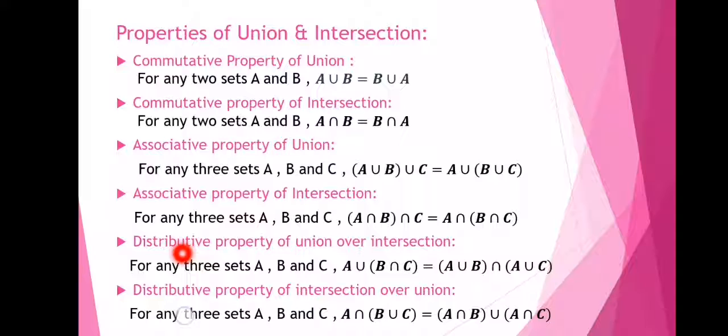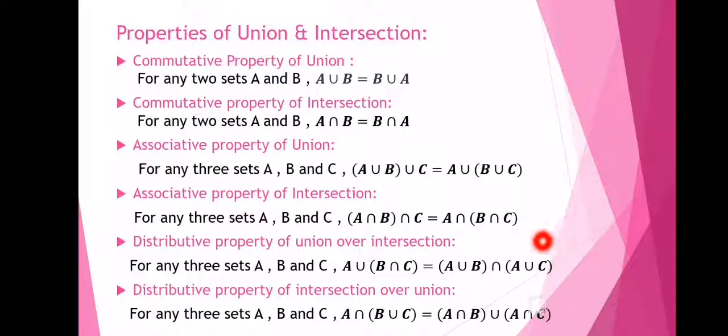For any three sets A, B and C, A union (B intersection C). The difference between the associative and the distributive is that in the associative property of union, the set operation would be union throughout the whole identity, on the left hand side and on the right hand side.